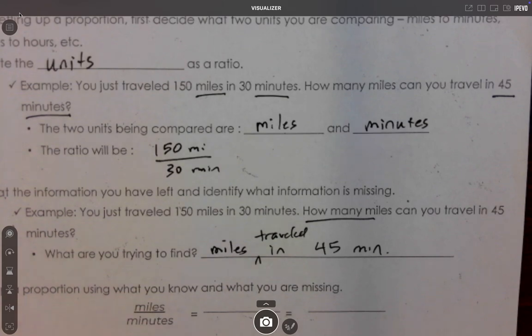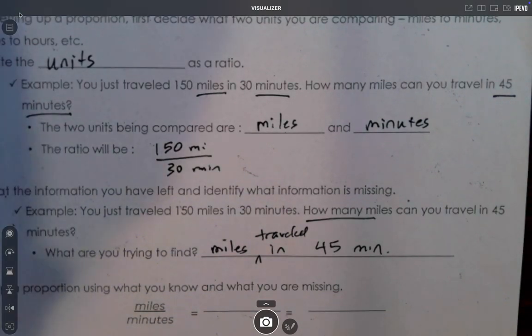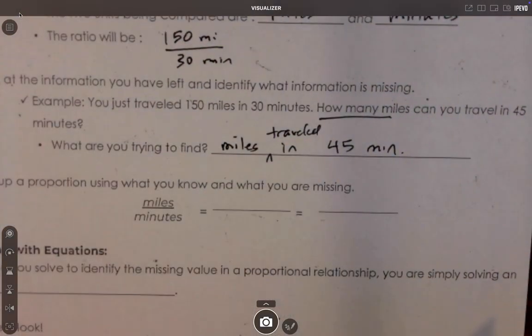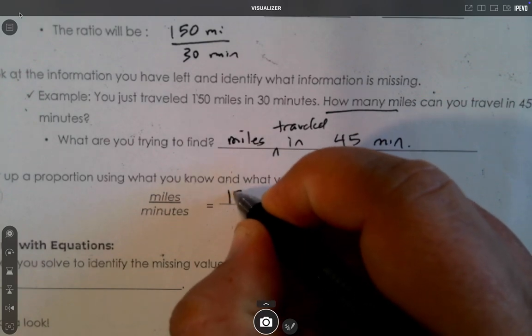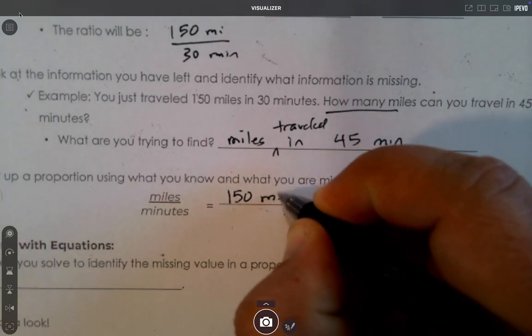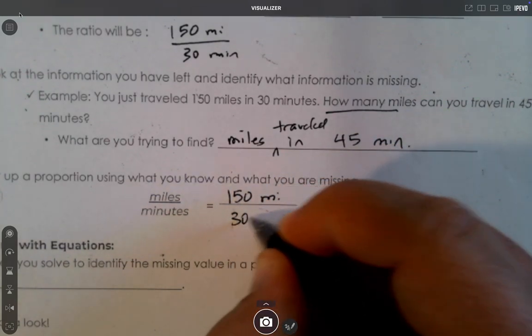So this is a big thing to help you think about when you're doing problem solving in general. You want to figure out, what do I know and what am I trying to find? Then how do I get there? So what we know is what we have up here. 150 miles were traveled in 30 minutes.